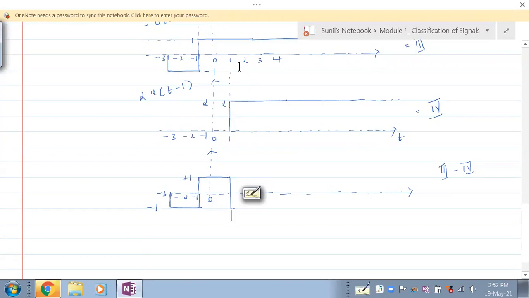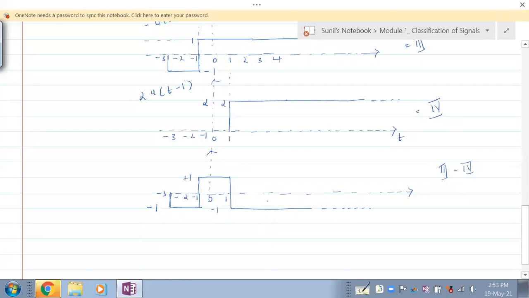So 1 minus 2 you are doing from 1 to infinity. So this would move up to infinity. So this is -1 from 1 to infinity.